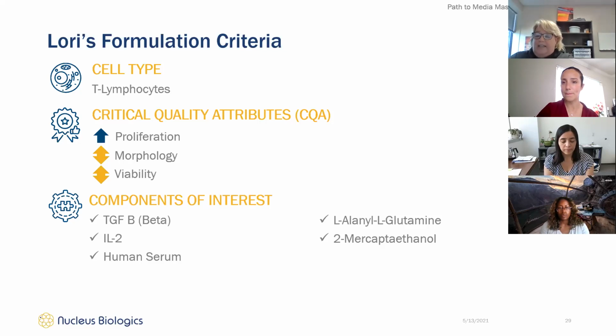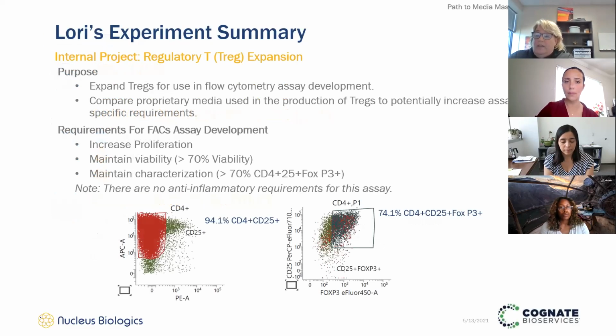And the next slide summarizes the experiment. So basically what we did was we took a Treg protocol from Miltenyi and Fisher, and combined the two. And so the experimental design was just using those kits for the Tregs to do the expansion.